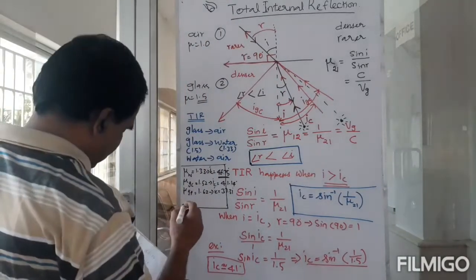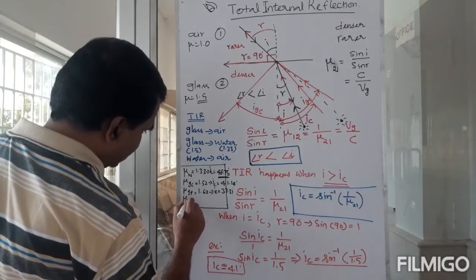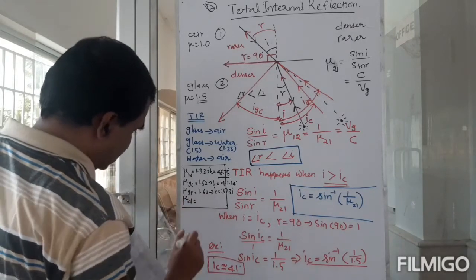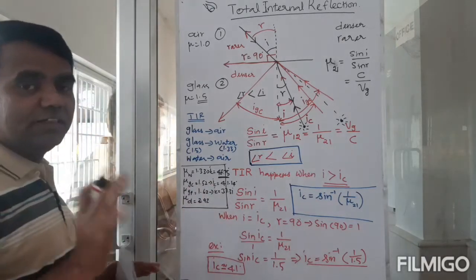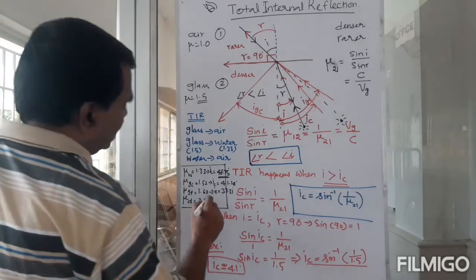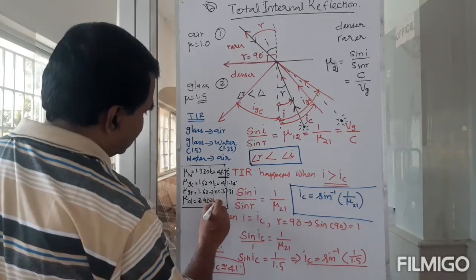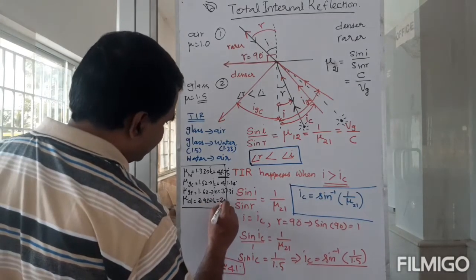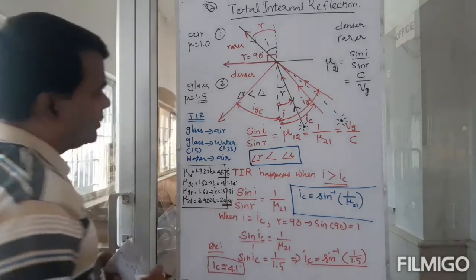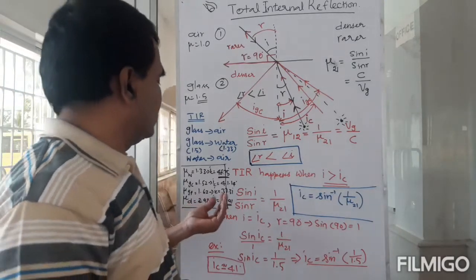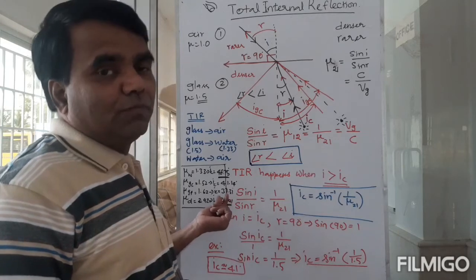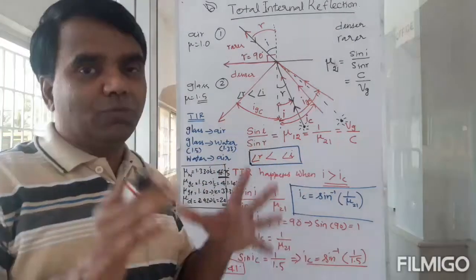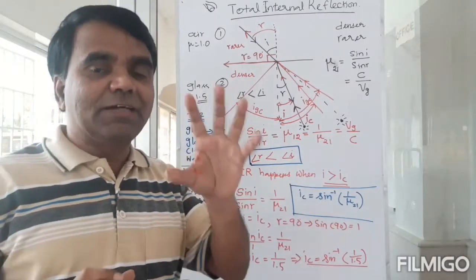And for diamond, mu diamond is 2.42. The refractive index of diamond is very high. Okay, so the critical angle for diamond is again 24.41. See, so the critical angle for diamond is very low, and that's the reason why the diamond glistens.